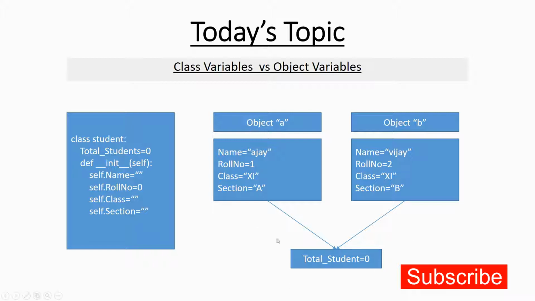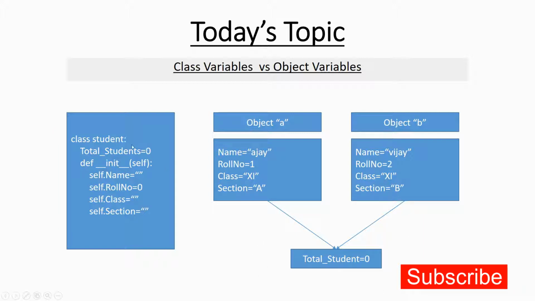As you can see out here, this is a variable named total student is equal to 0. So there will be only one copy of it. No matter how many objects we create, only one copy will be present in the memory, and all the objects can access this common class variable.